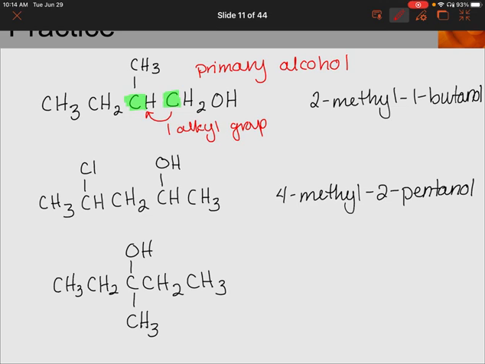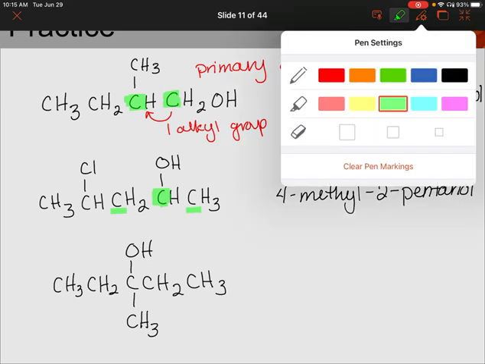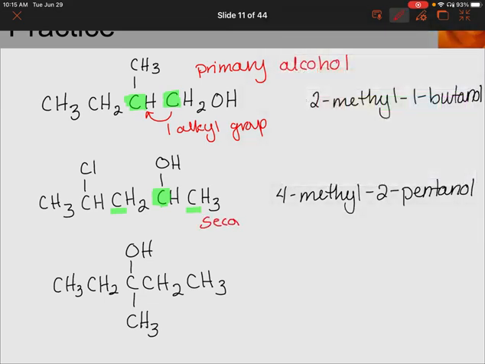Okay, let's look at the second one. Let's find the carbon that the OH group is bonded to, and count how many other carbons this carbon is bonded to. It's bonded to one on the left and one on the right, so that's a total of 2, which means we have a secondary alcohol.